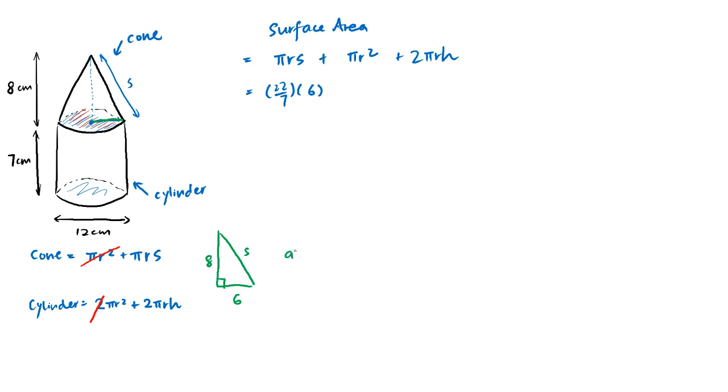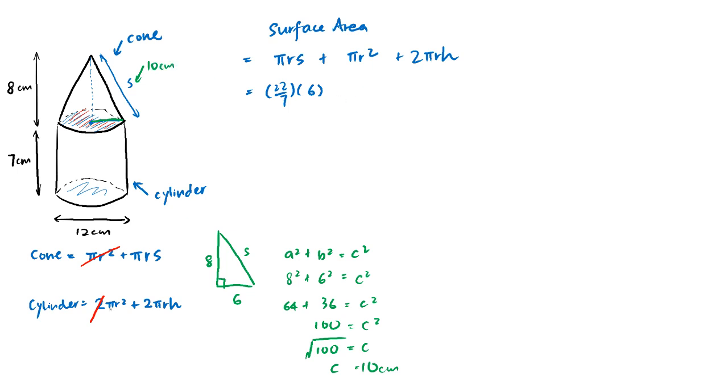Pythagoras theorem, a square plus b square equals c square. Remember, the slant height, the hypotenuse, is c. So a is 8, b is 6, and c you don't know yet. 8 square plus 6 square, added together, is 100. C square equals 100, throw the square root over the other side, so c will be equal to 10 cm. So now we know this one is 10 cm.